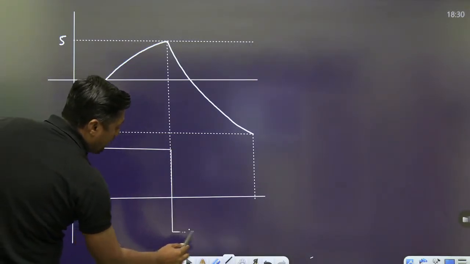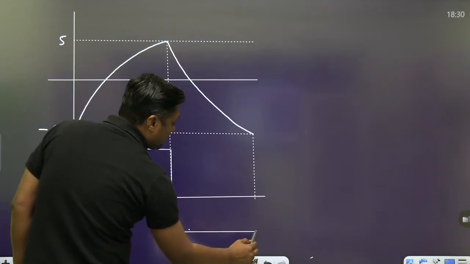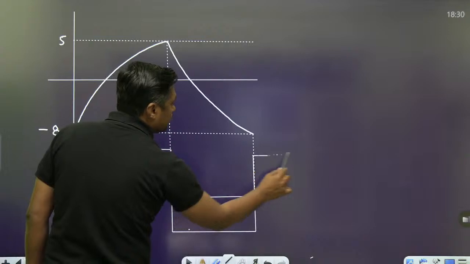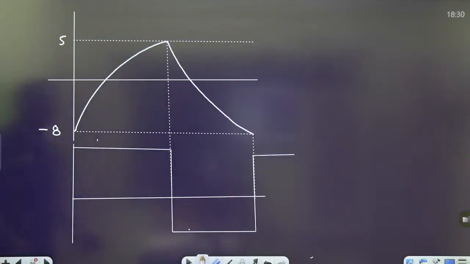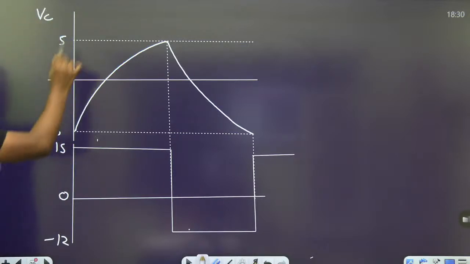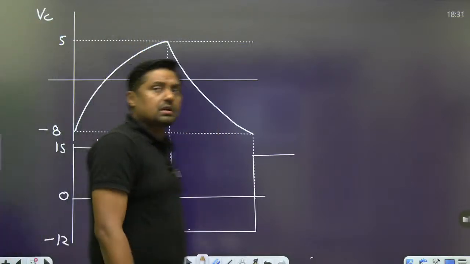We are getting this type of square wave. Okay. So what is asked here? So this is the 15, 0, minus 12. That is the output, and this is the voltage across the capacitor. Capacitor will charge from minus 8 to plus 5, 5 to minus 8.